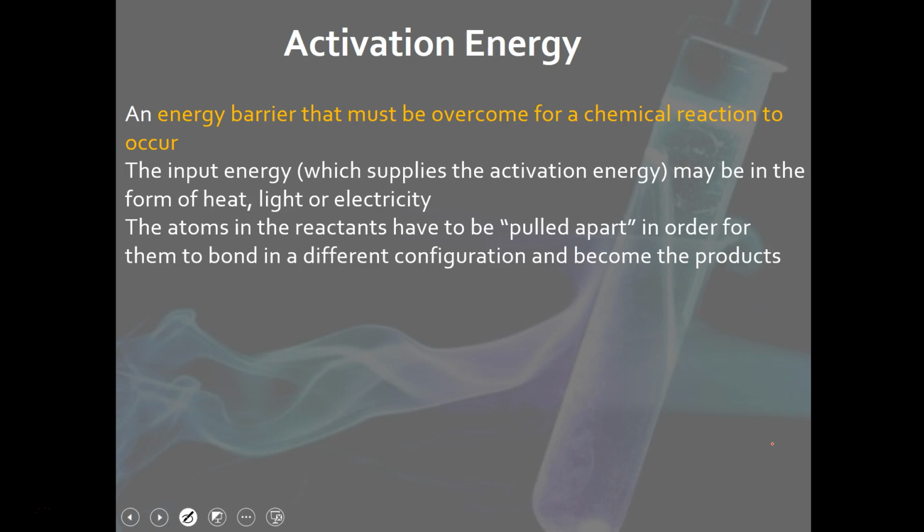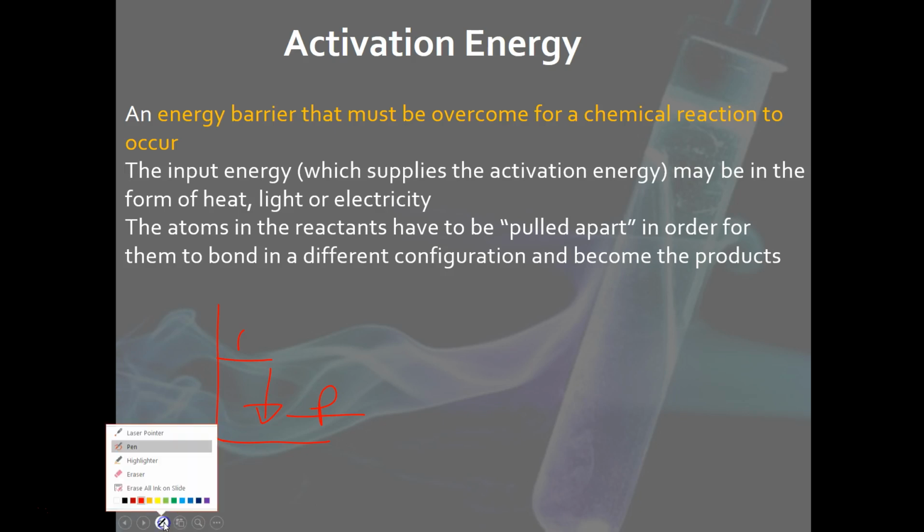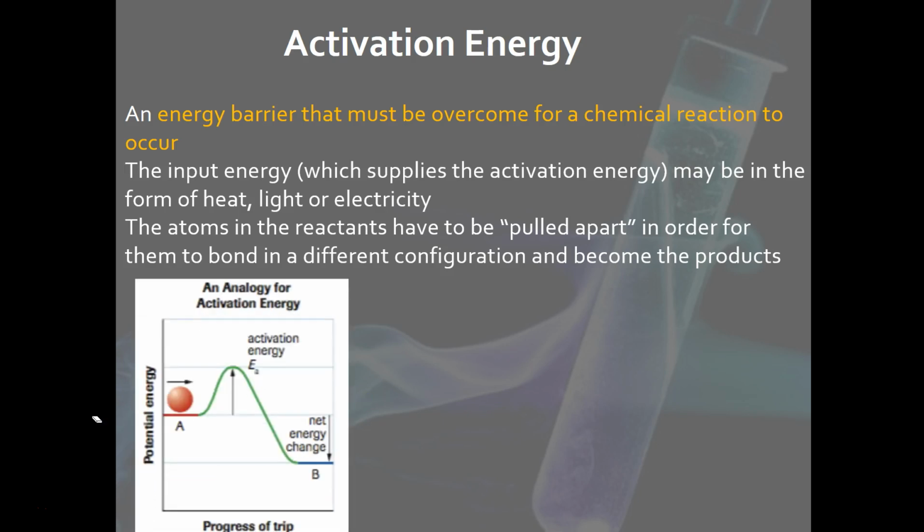If you were here yesterday, I got you to do the card sort. Before, when we were looking at potential energy diagrams, I was saying, here's the reactants, here's the products. First of all, exothermic or endothermic reaction? Exothermic, right. But if you've seen the diagrams, really what these look like is like this.